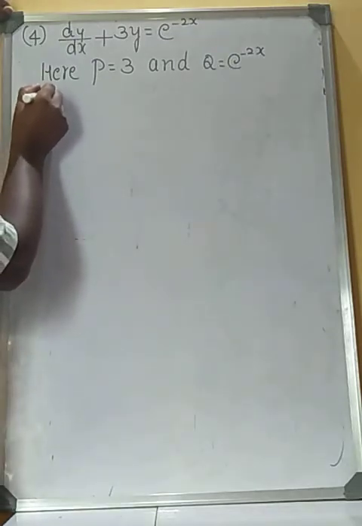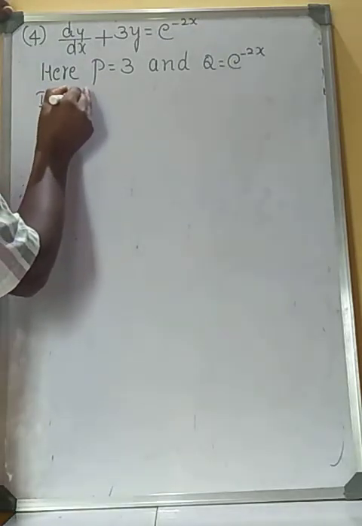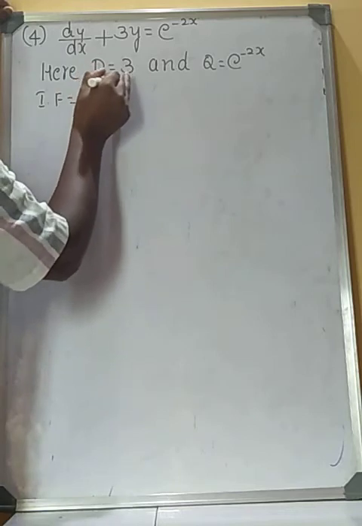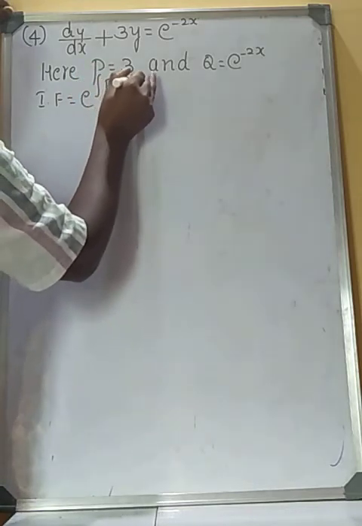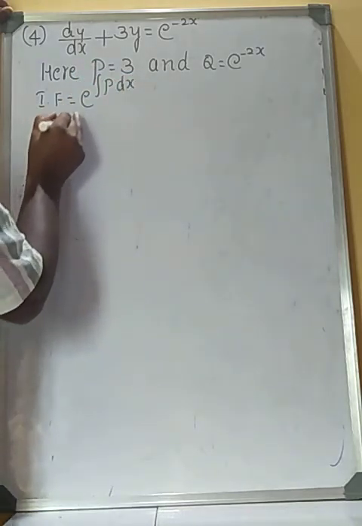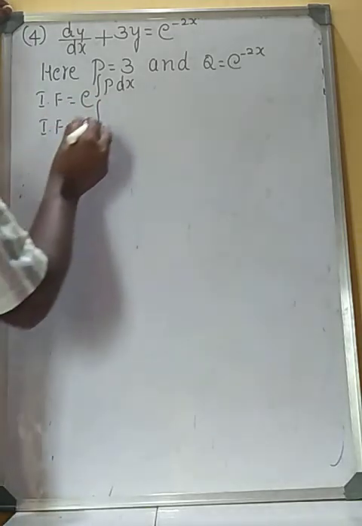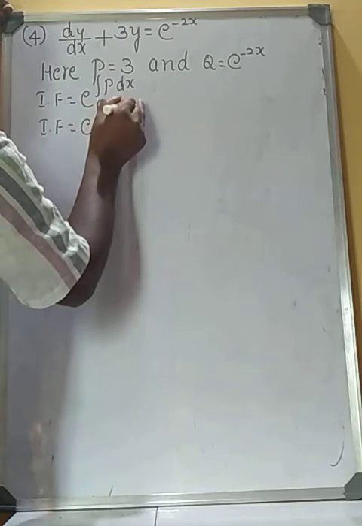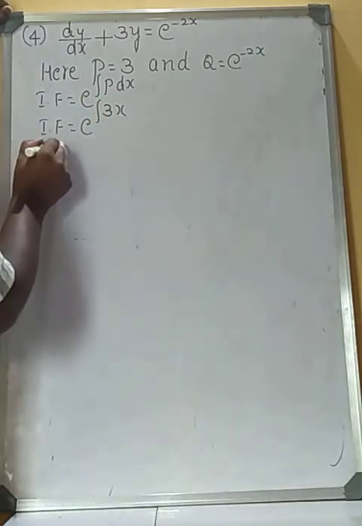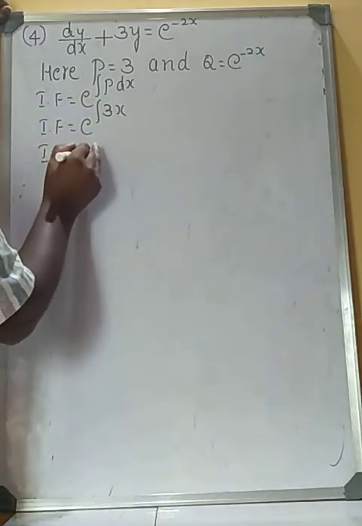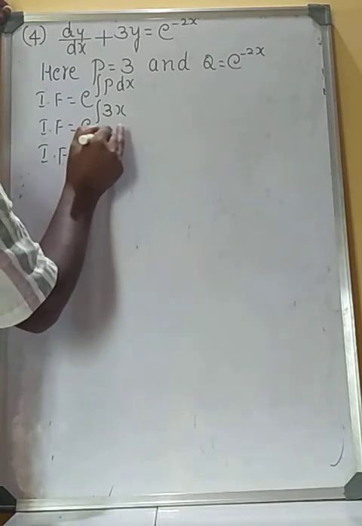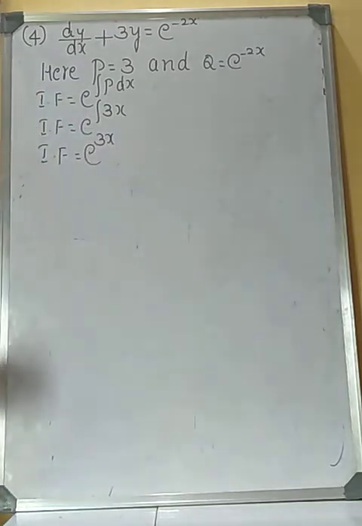Next, find the integrating factor, which is equal to e power integral of p dx. Therefore, integrating factor is equal to e power integral of 3 dx, which is e power 3x.